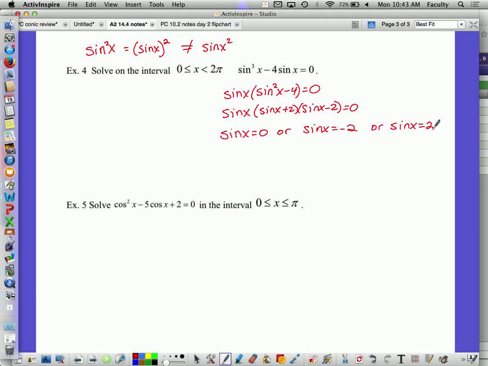equals positive 2. If I think about my circle, what angle measurement in radians would give me the sine of that angle equals 0? It's in two places. Okay, give it to me in radians.